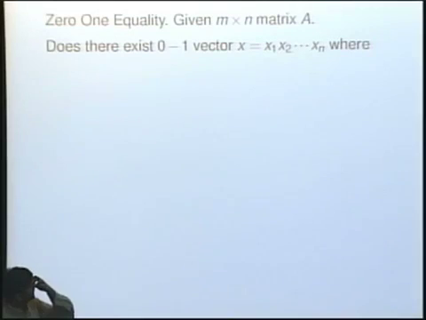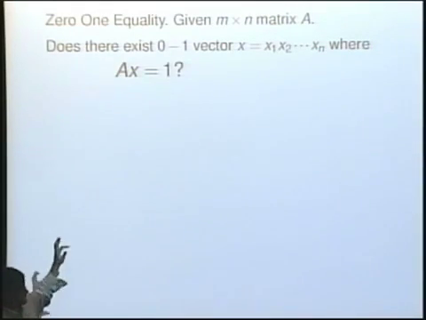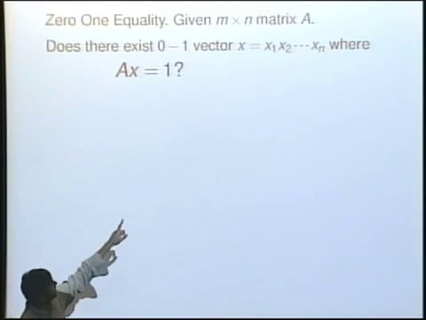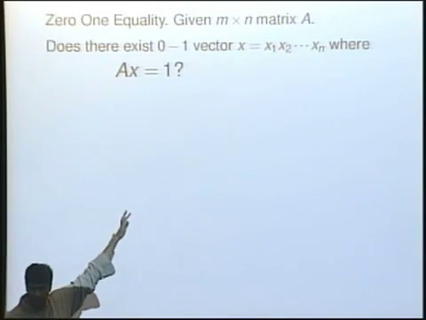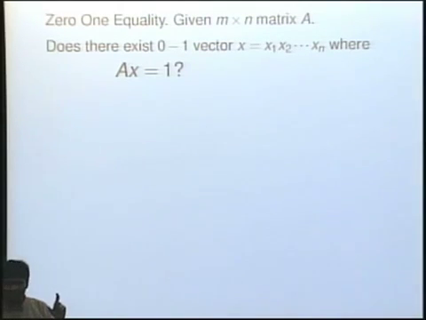Does there exist a 0-1 vector x equals x1 through xn where Ax equals 1, and where this 1 on the right-hand side is the vector 1? Really, this is just a way to express a bunch of equations where you have variables x1 through xn, and they could take on values of 0 or 1, and you have a bunch of equations, and each one should add up to 1.